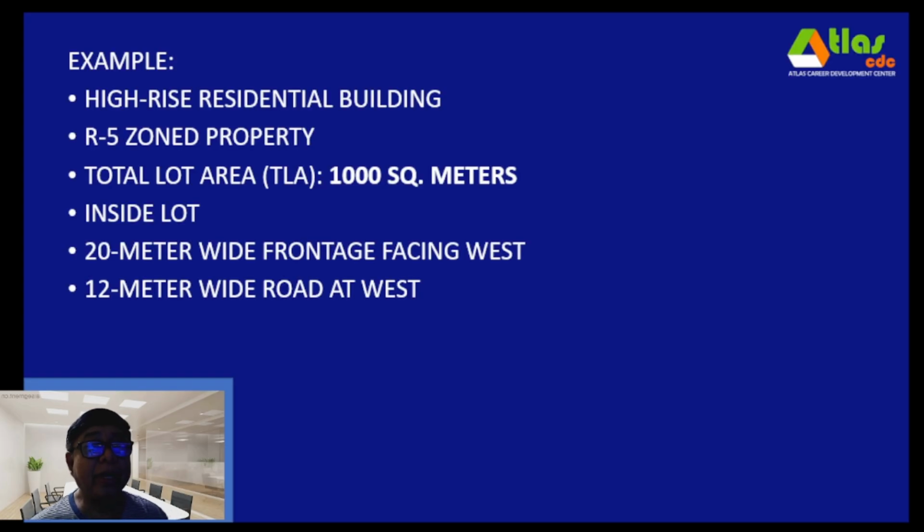So, ang ating project ay isang high-rise residential building located sa isang R5 zone na area at may total lot area na 1,000 square meters. It is an inside lot with a 20-meter wide frontage facing west at merong 12-meter wide road sa west side ng property.